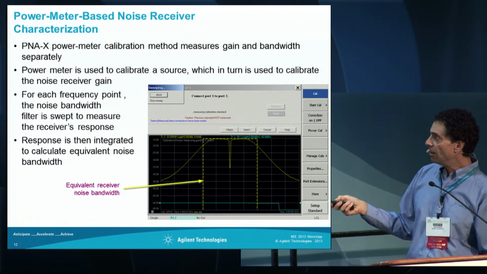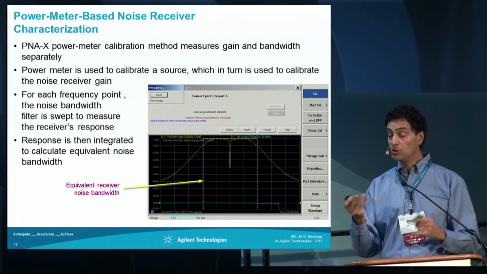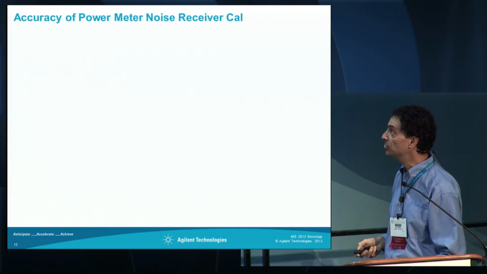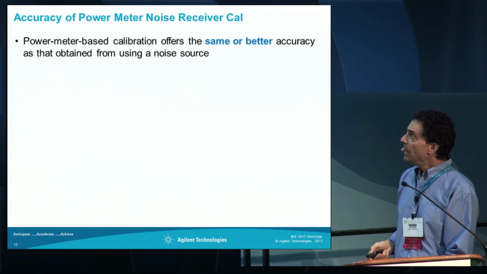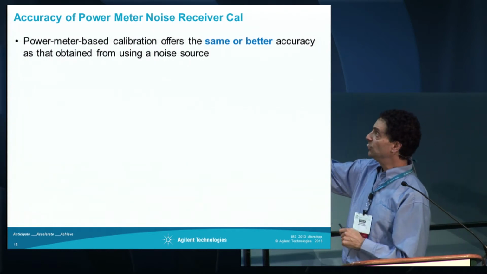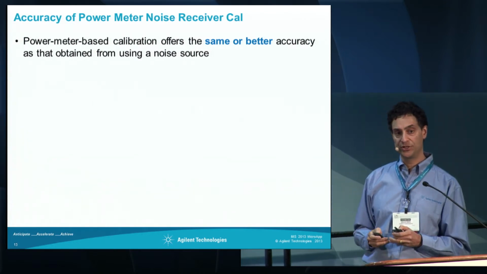So this is an alternate method to using a noise source, and you as a user would have the choice of using a noise source or using the power meter approach. At a high level, the power meter-based approach gives you the same, or in some cases better, accuracy than using a noise source.